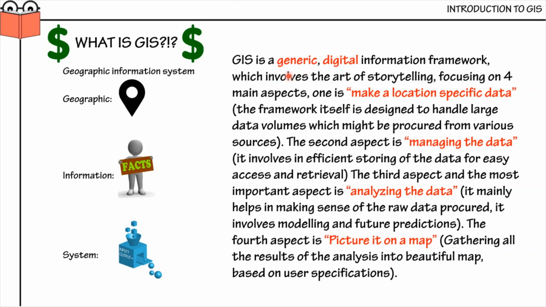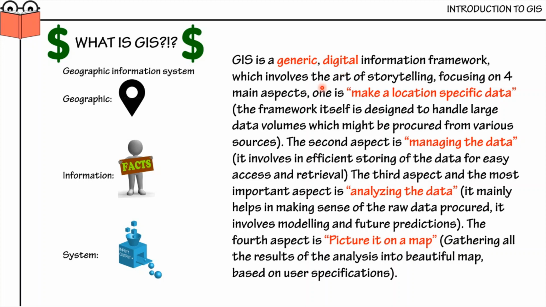Generic. When I say generic, what does it mean? It means it can be applied in various fields to do lot of stuff, lot of different stuff. Later, in further slides, we will see, this word will really be justified. Digital. The whole idea of creating this framework called GIS was to bring it on a digital platform, because before GIS came into existence, all the maps were analog, they were all on piece of paper.